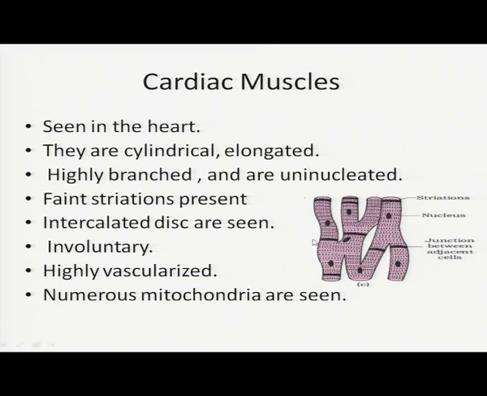And there is yet another identifying feature: the presence of a junction, the intercalated disc. It is the junction between two neighboring cardiac muscle cells. So this is yet another identifying feature of cardiac muscle. One is that they are highly branched, the other is that they contain faint striations, and they are uninucleated.